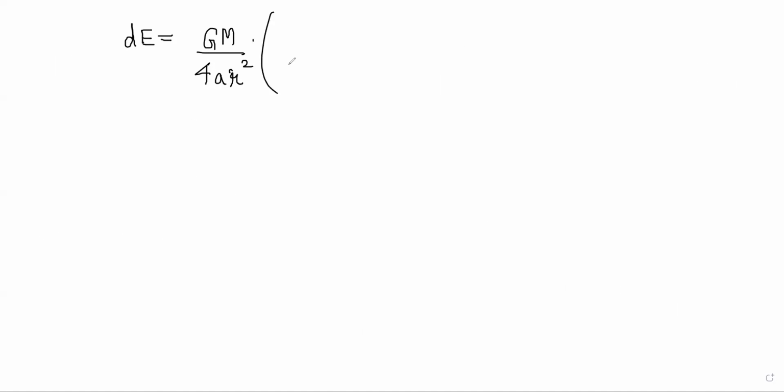Z square you will take inside, and it will become z square plus r square minus a square by z square. And there is a dz on top, because dz by ar is what you had for sine theta d theta.